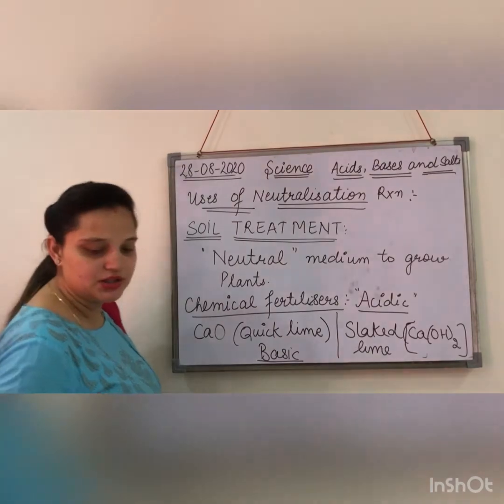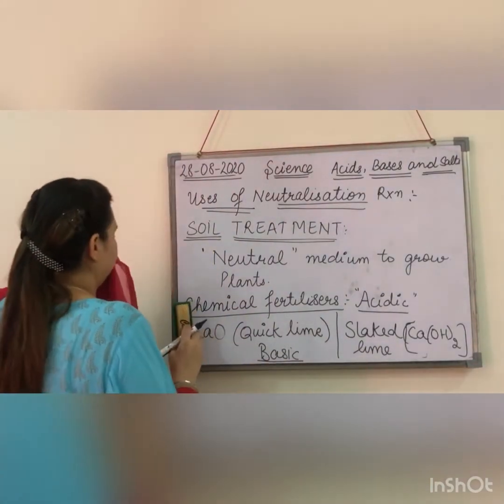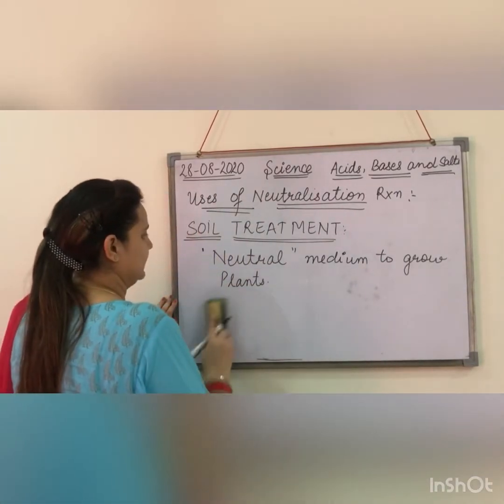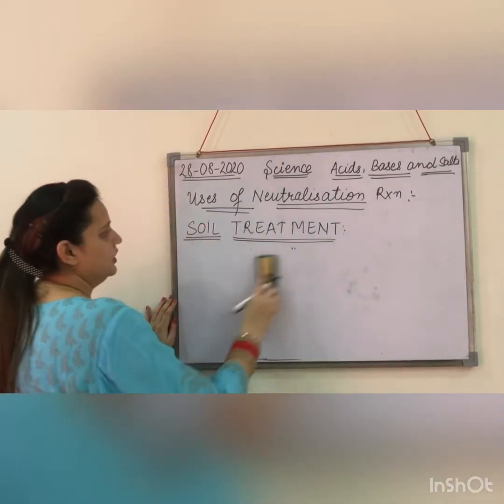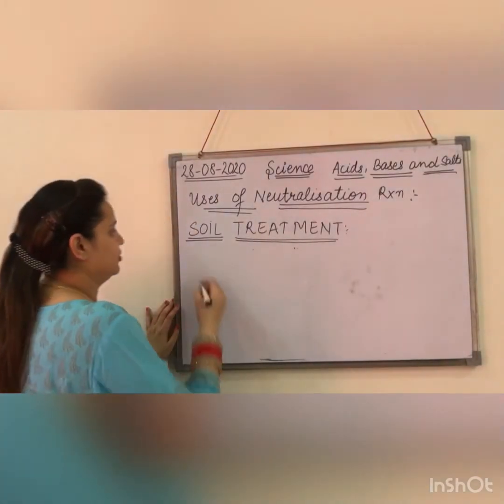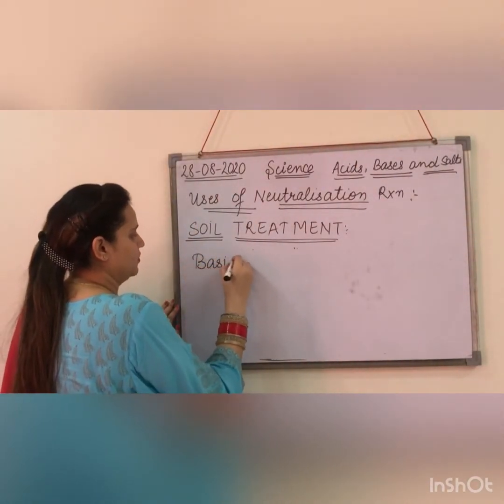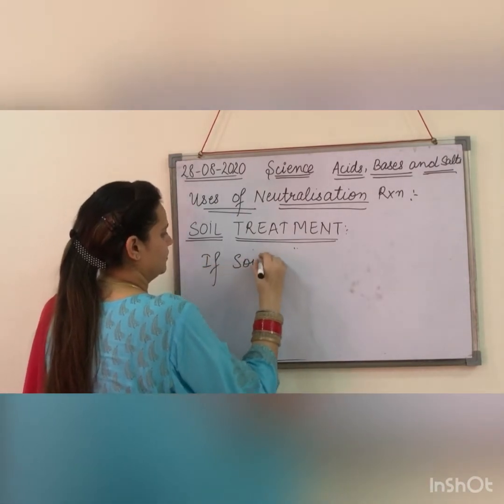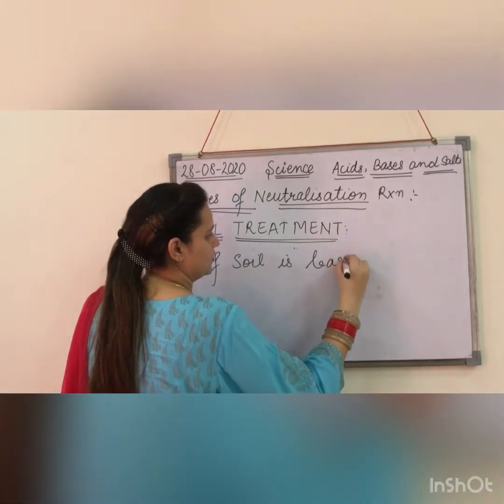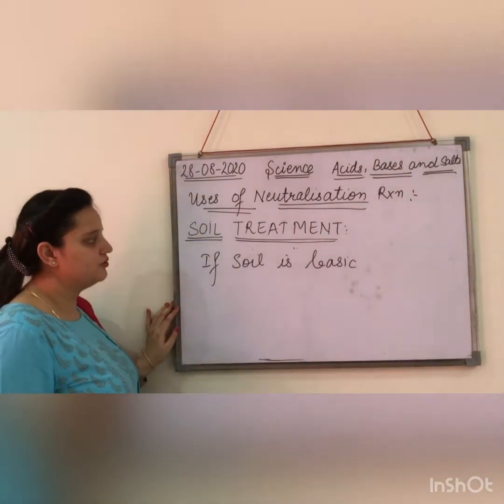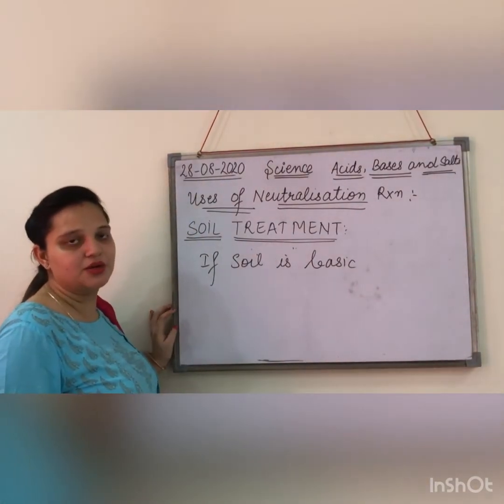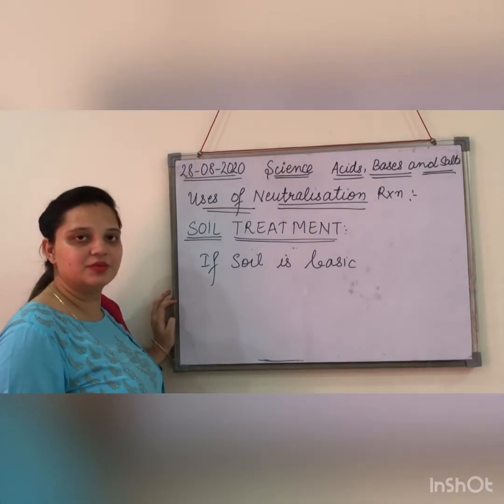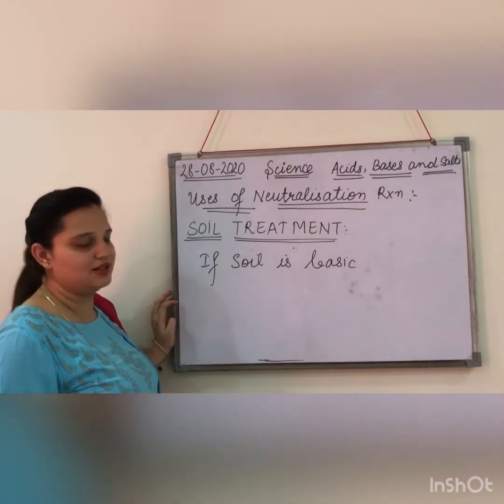In the same way, if our soil is basic in nature, we are going to add some acidic substances to it. What kind of acidic substances can we add to neutralize the effect?